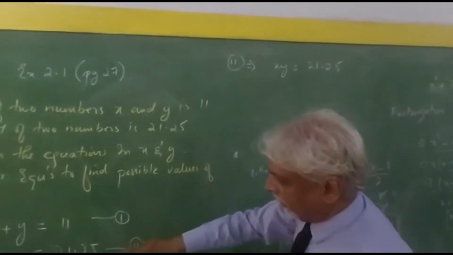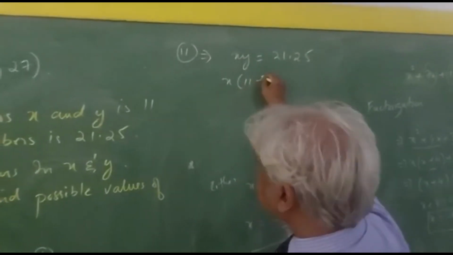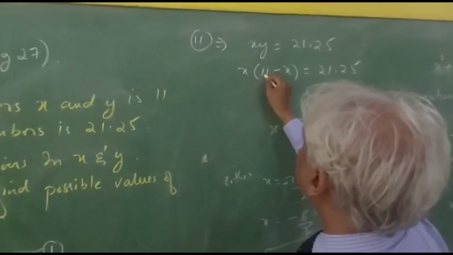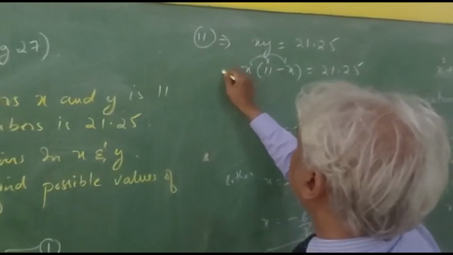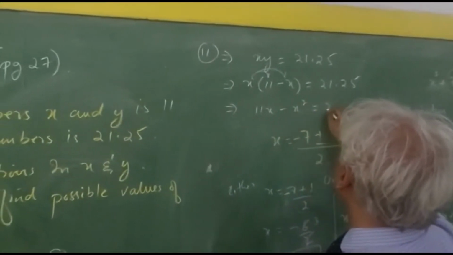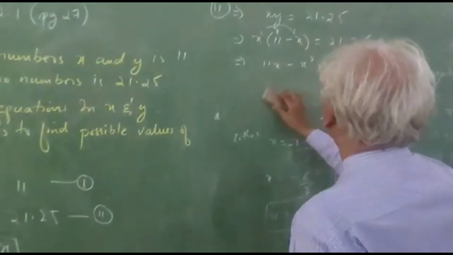So x times 11 minus x equals 21.25. I'll multiply x with this and this, in other words, I'm removing the bracket. So I'll get 11x minus x squared equals 21.25.